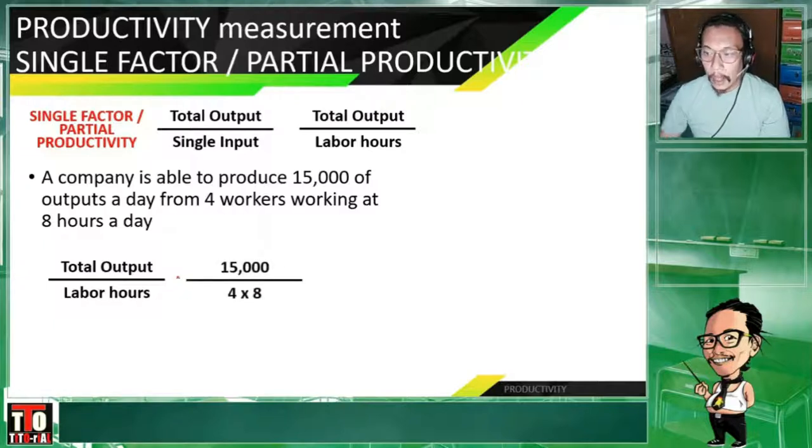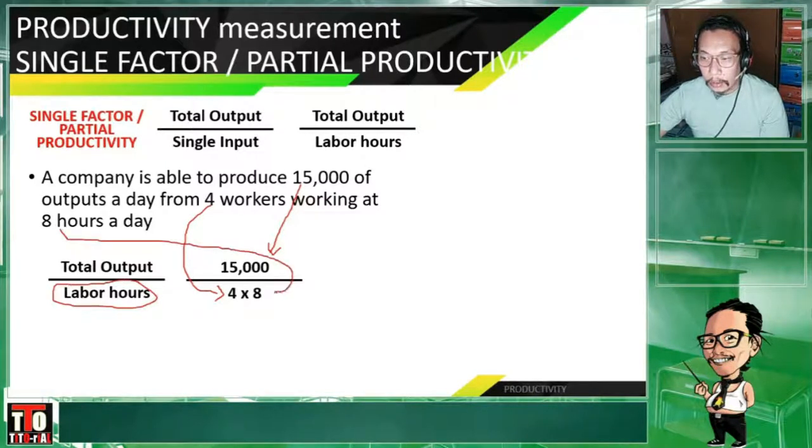Yan. So, you have 15,000. This is your total output. Yan. And then, you have 4 workers. Yon. Since ang kukunin natin na input is labor hours, kukunin natin yung 8 hours a day. So, i-multiply natin. Remember na each of the workers work for 8 hours a day para makapag-produce ng 15,000 na laptop.